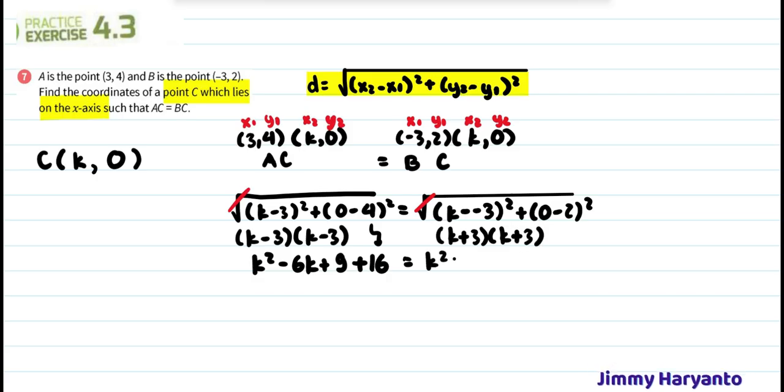So k squared plus 6k plus 9 plus this one is negative 2 squared, equals 4. And then we can cross out the k squared because it is the same, 9 also the same.